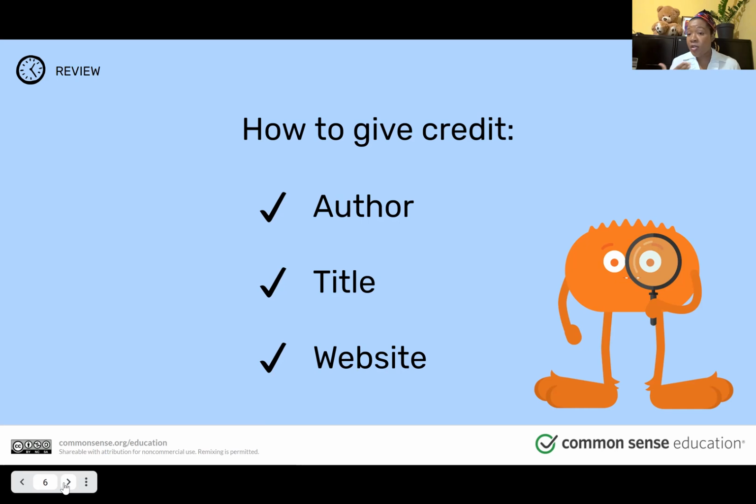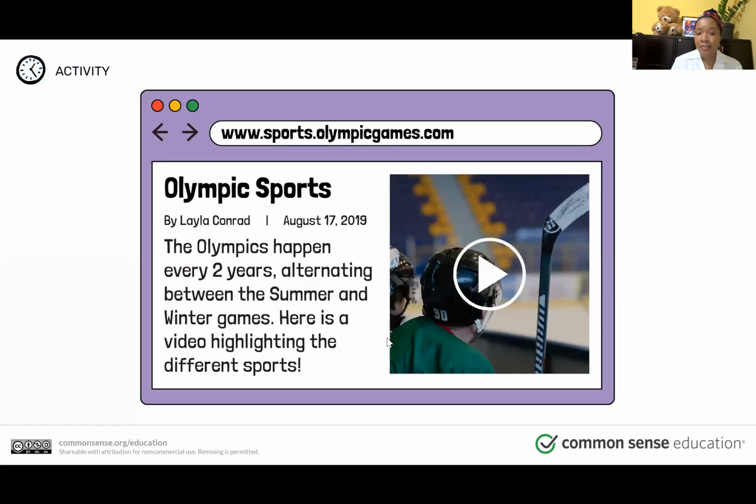So when you see the word author, it means the name of the person who wrote that information. So you give credit by making sure that you show appreciation and recognition to the author, you show the title of the work, and you show the website of the work, where you got the work from.